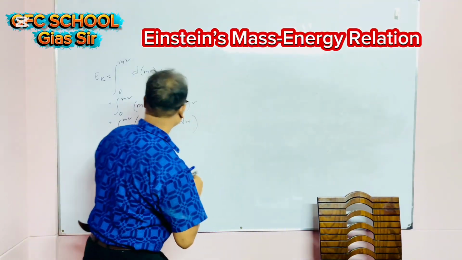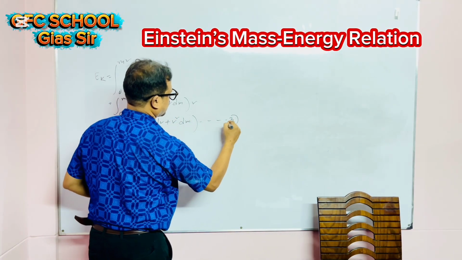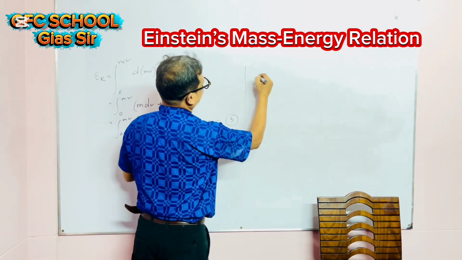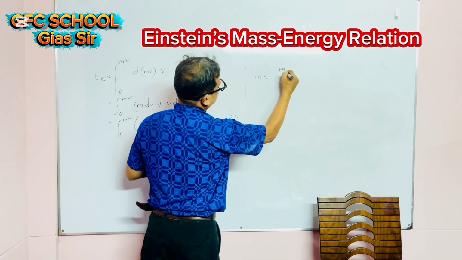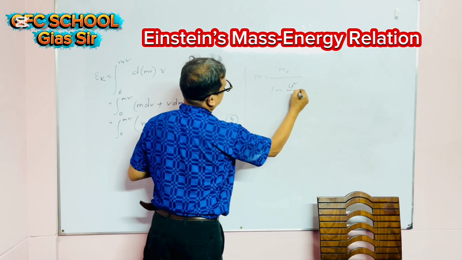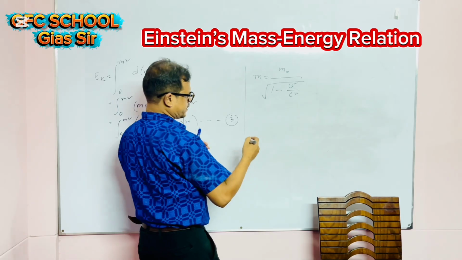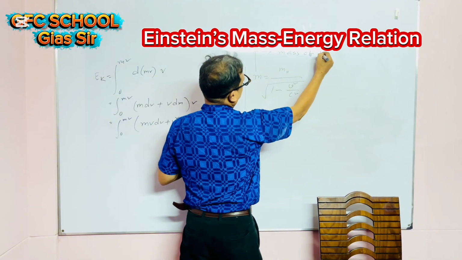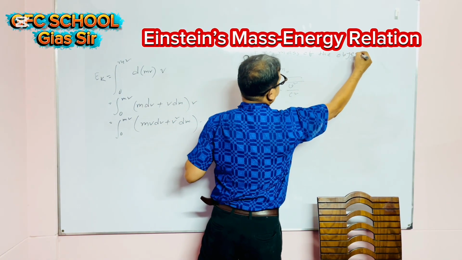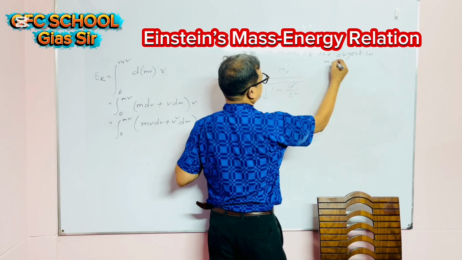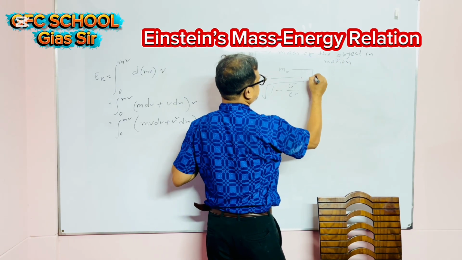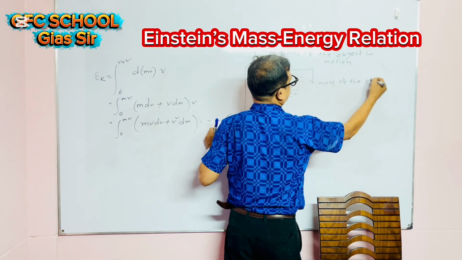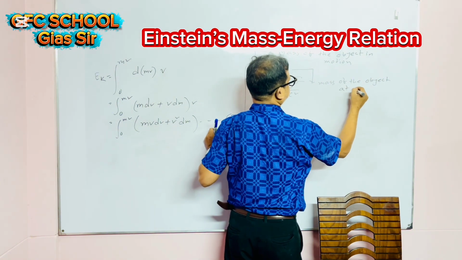This is equation 3. Okay, guys, from the relativistic formula of mass, we know m equals m naught over the square root of 1 minus v squared upon c squared. Guys, this is actually the mass of the object in motion, and m naught is the mass of the object at rest.